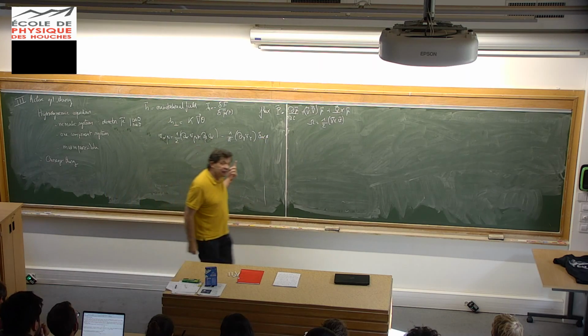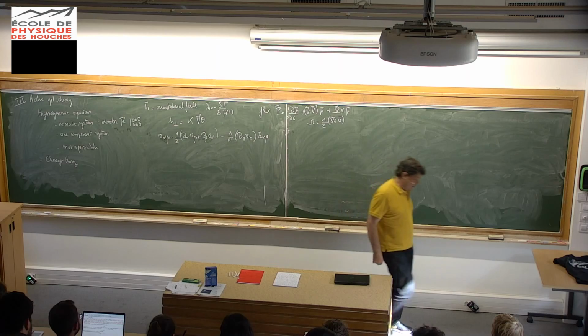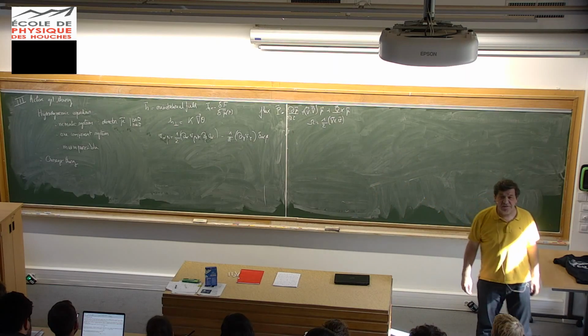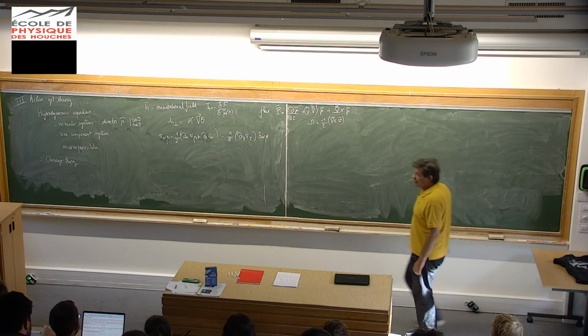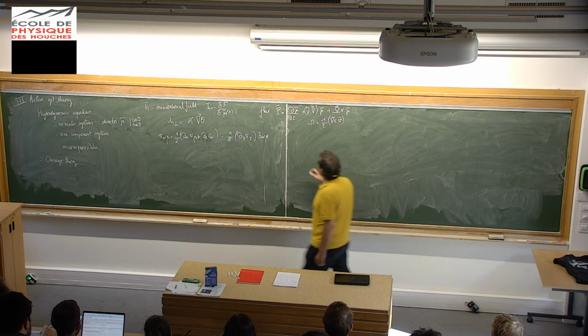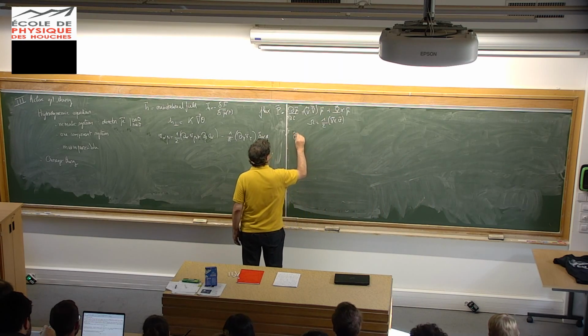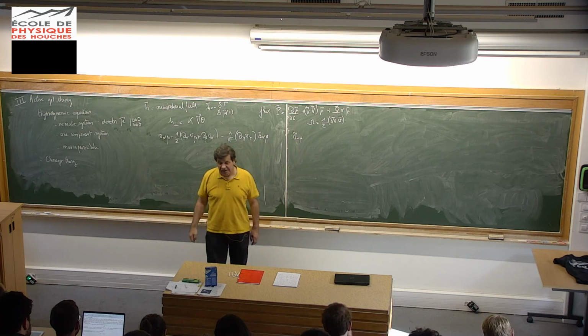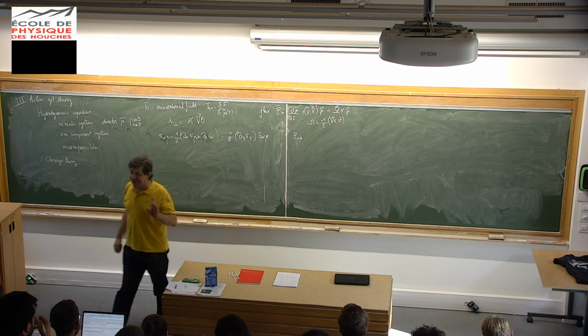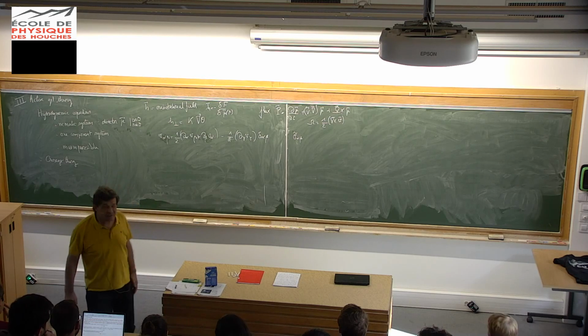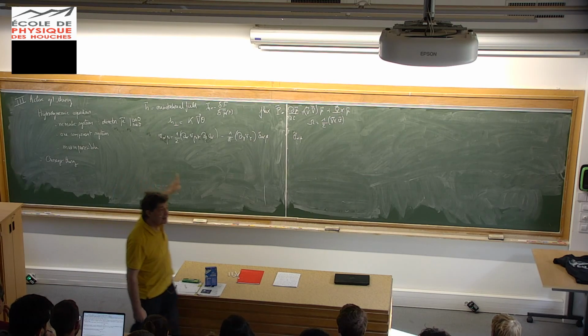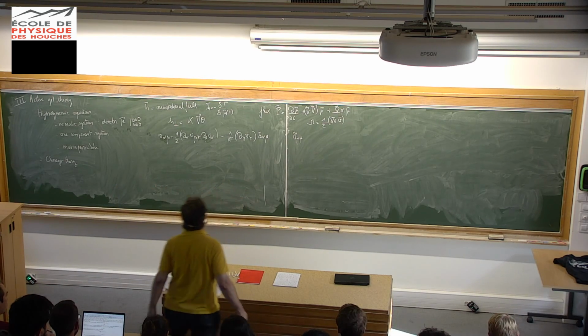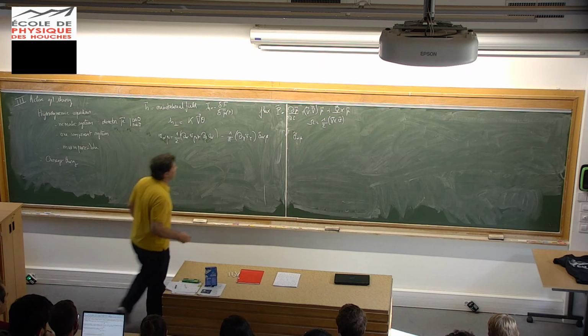Now the flux conjugate to the velocity gradient is the mechanical stress, and so I will call it sigma alpha beta tilde. But I have to explain to you what this stress is. So if I have a system which is nematic, I'll call sigma total alpha beta the stress.